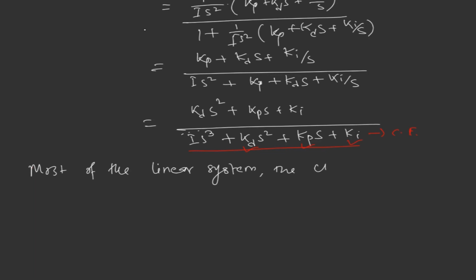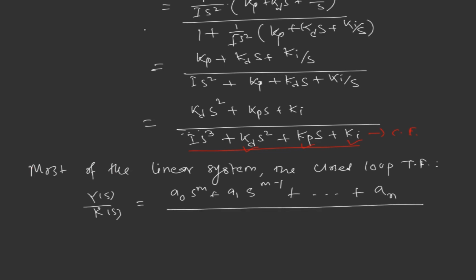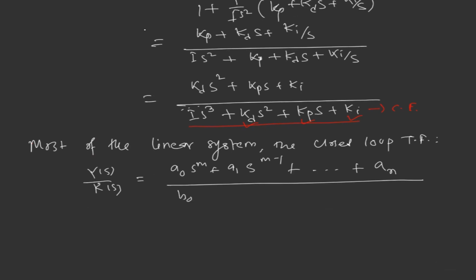The closed loop transfer function has the following form: Y of s over R of s equals a naught s to the power m plus a1 s to the power m minus 1 plus dot dot dot a m, and the denominator part b naught s to the power n plus b1 s to the power n minus 1 plus dot dot dot bn.